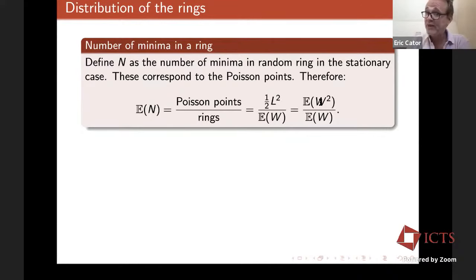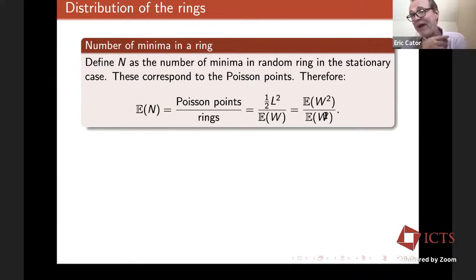It was that the expectation of W squared equals lambda squared, which is a half L squared. So the expected number of minima in one of these rings equals the expectation of W squared divided by the expectation of W.